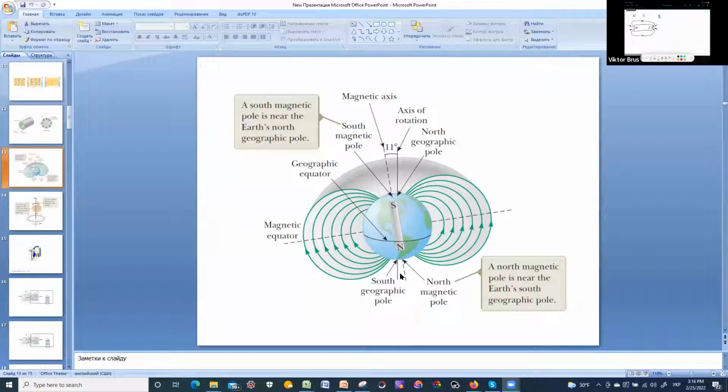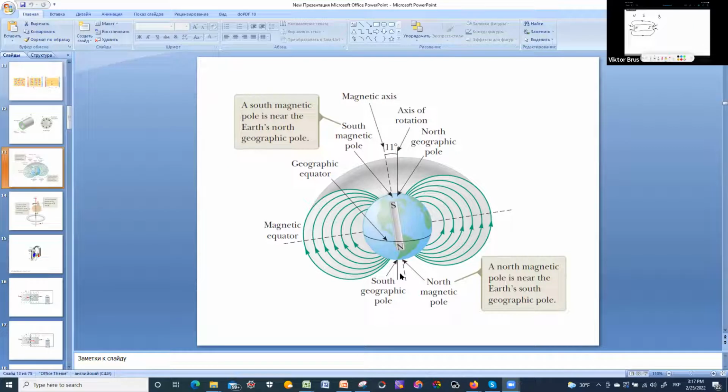Observing magnetic deposits of lava from ancient times, it was possible to prove that during the history of our planet, the direction of the magnetic field, so the orientation of magnetic poles of our planet, was changing.